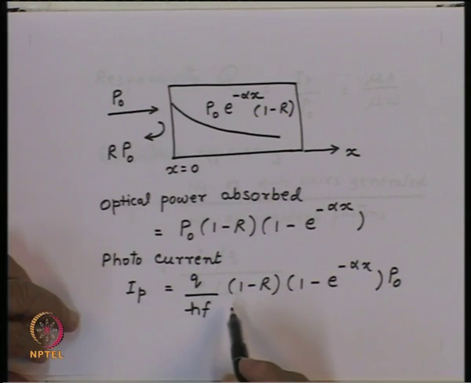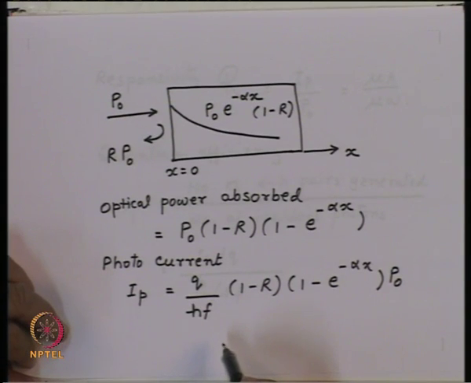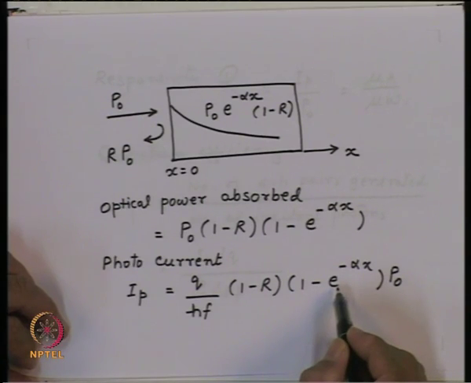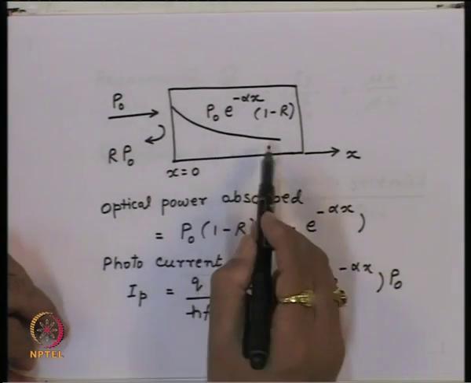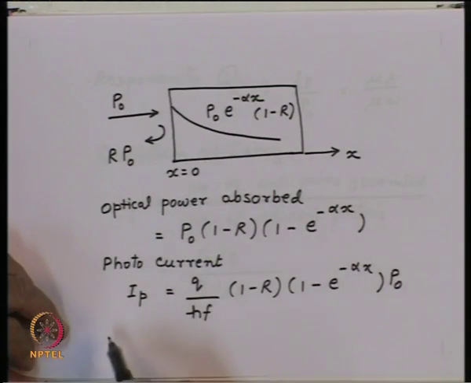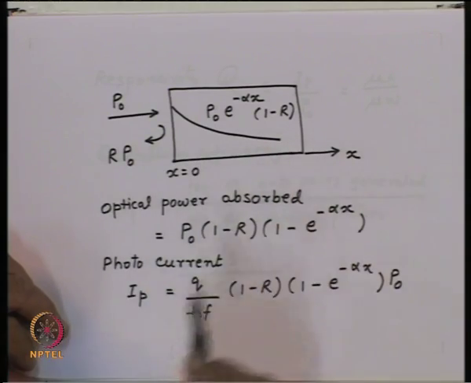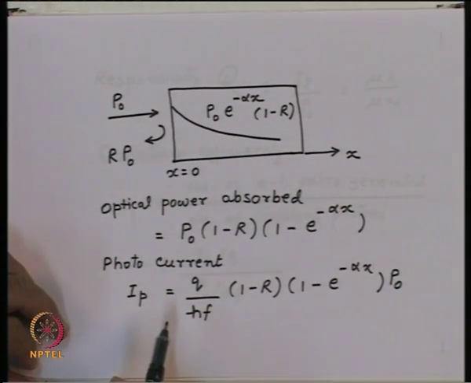So, quantum efficiency in this case includes the energy which is reflected from this material, and also, since you may have a limited region for absorption of light, the entire light which is going inside the material may not be absorbed in this region.